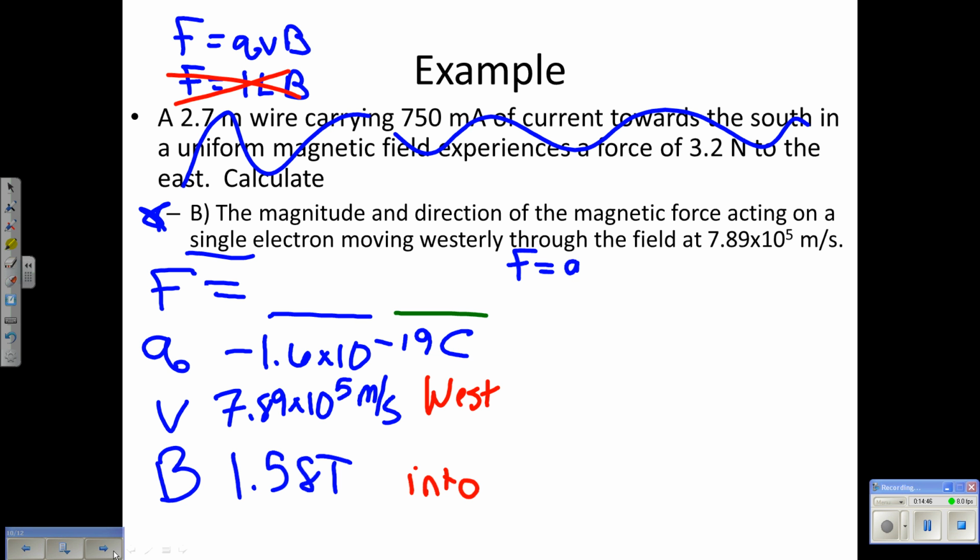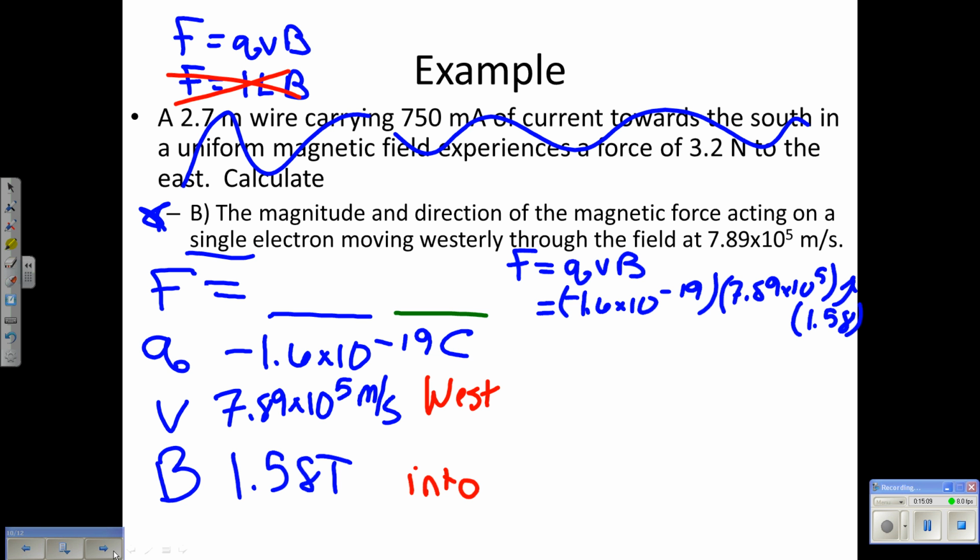F equals QVB. So F equals negative 1.6 times 10 to the negative 19th times V, 7.89 times 10 to the 5th, and then B goes here, 1.58. I ran out of room.